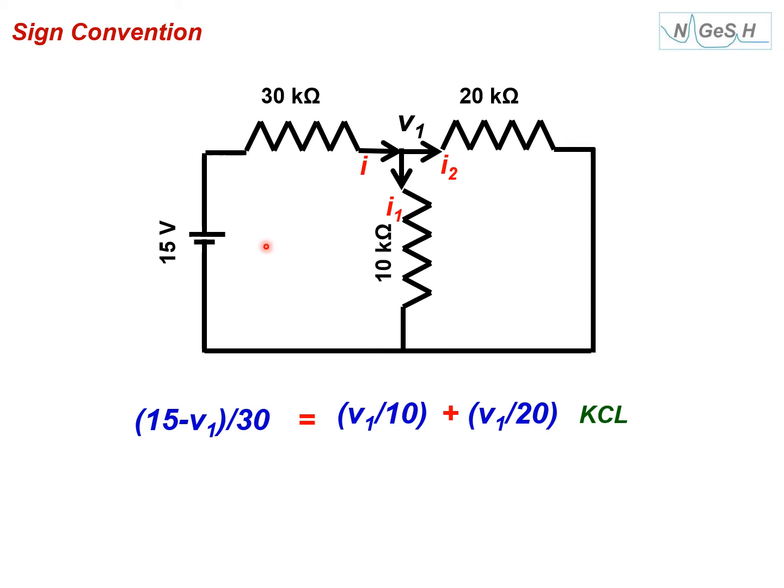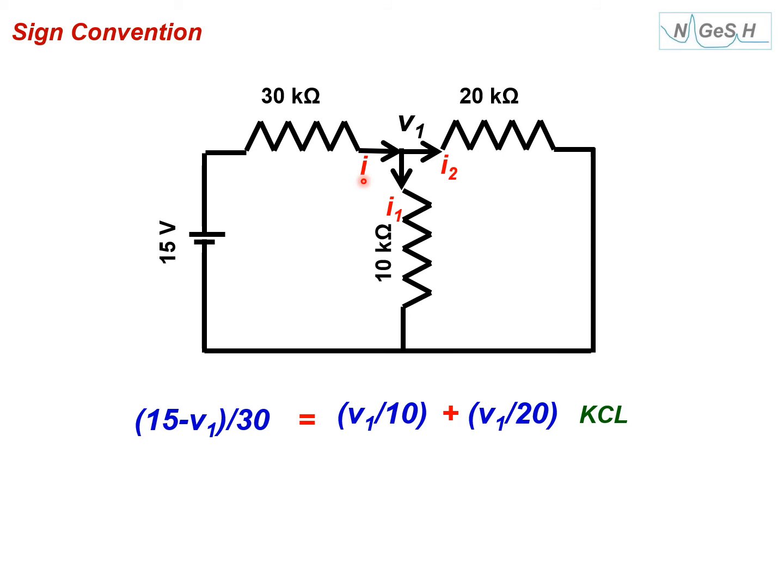So I'm telling you again that in this analysis, first we will always assume the current direction, and then we will calculate currents. If the resultant current is found to be positive, then your direction is correct. And if it turns out to be negative, then your current is actually passing in the opposite direction. You should be conscious of that.